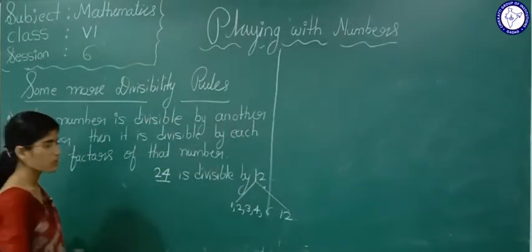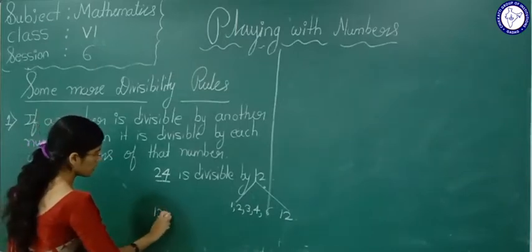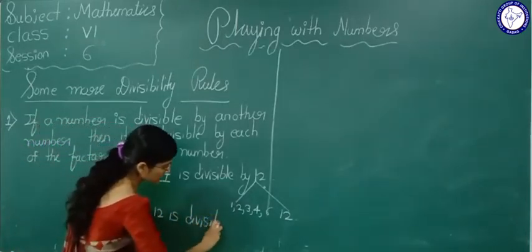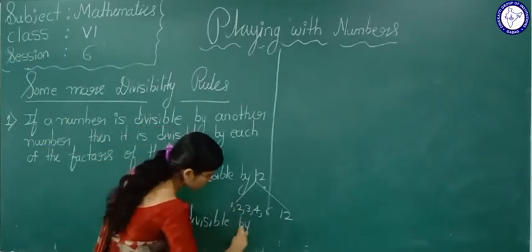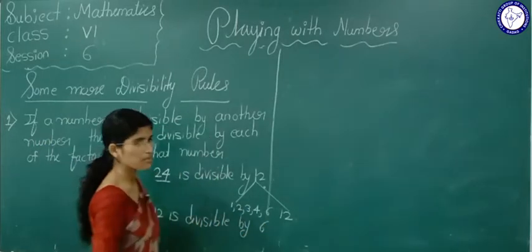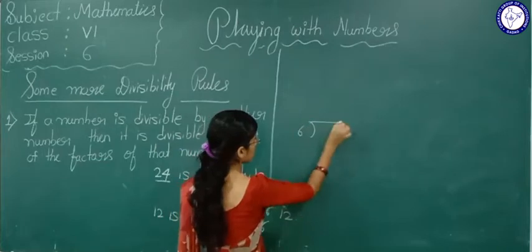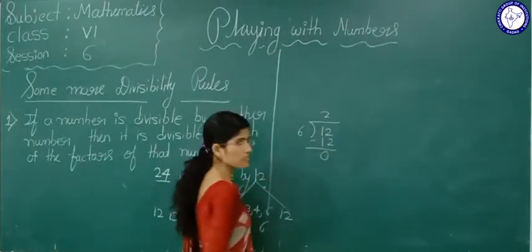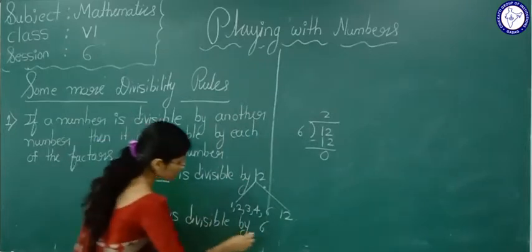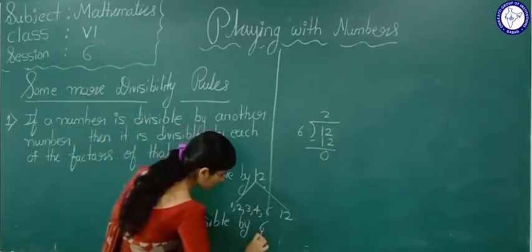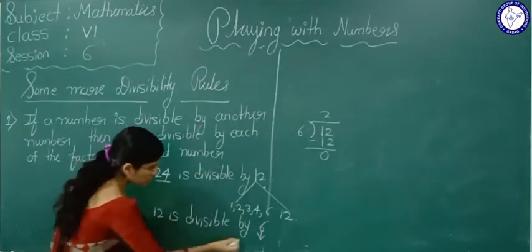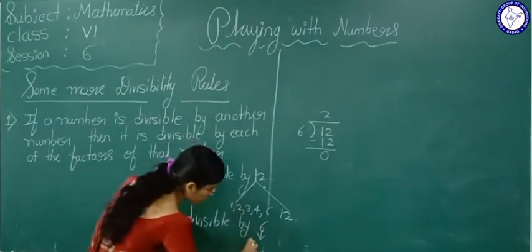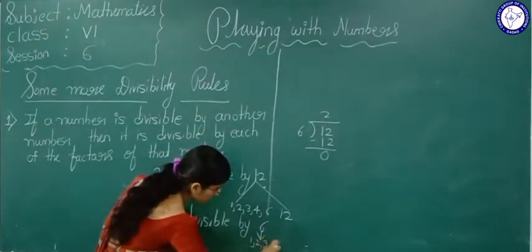Now see here, one more example. 12 is divisible by 6. Yes or no? 6 2s are 12. 12 minus 12 is 0. Yes, 12 is divisible by 6. This 12 is also divisible by the factors of 6. What are the factors of 6? 1, 2, 3, 6.